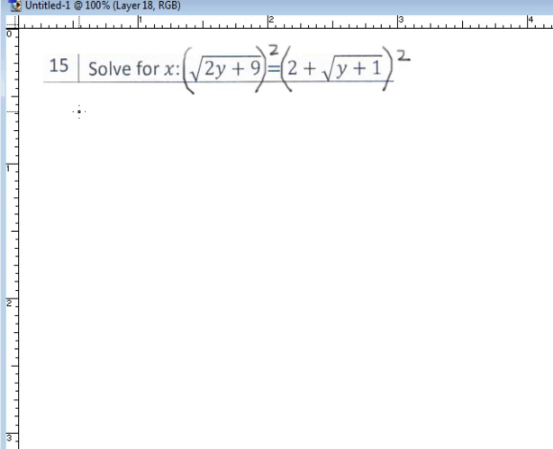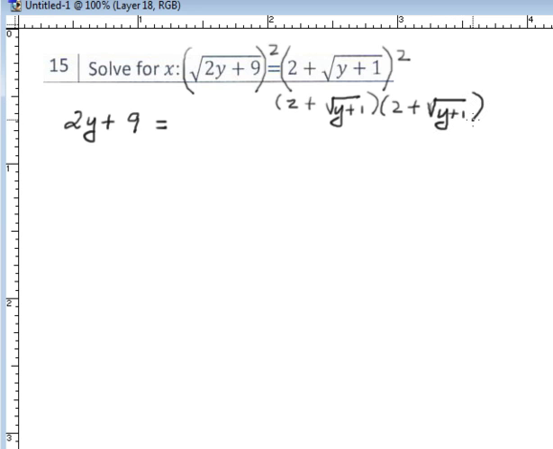On the left side, that square root pops off and we get 2y plus 9. Now we're going to FOIL the right-hand side. All right, so let me just write that out. Let's write out 2 plus the square root of y plus 1, just so we'll see the FOIL more clearly.